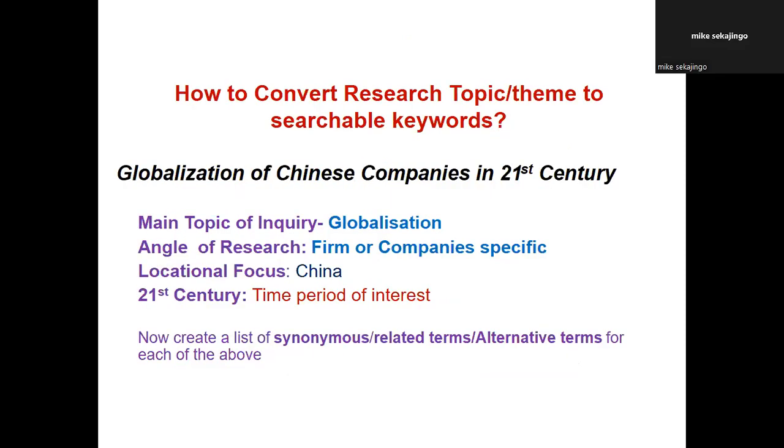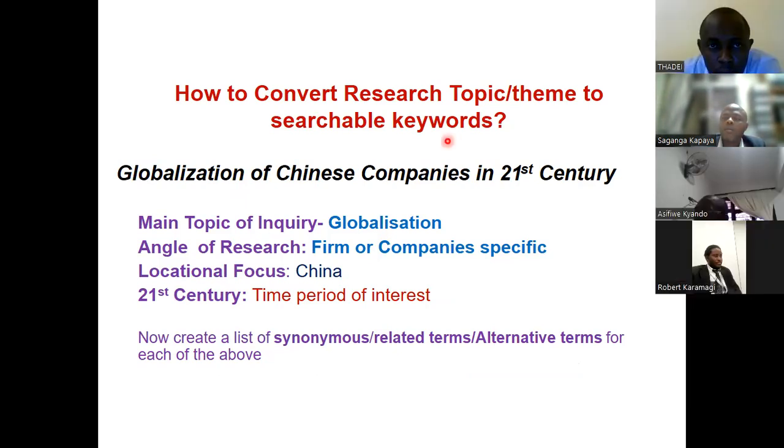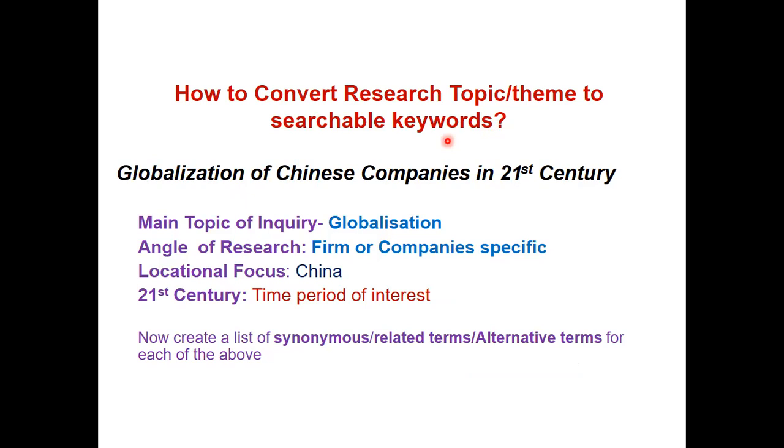Now, I want to take you to a specific example. How to convert research topic themes to searchable keywords. Okay? For example, you have this topic, globalization. Okay, so for example, you have globalization of Chinese companies in the 21st century. The main topic of inquiry could be globalization. The angle of research could be, for example, firm or company specific.